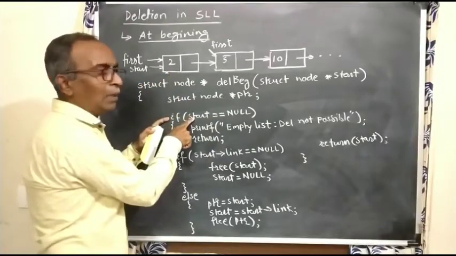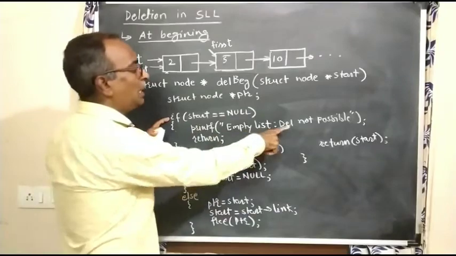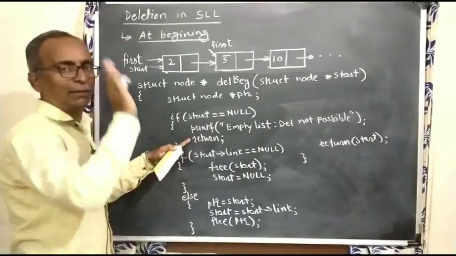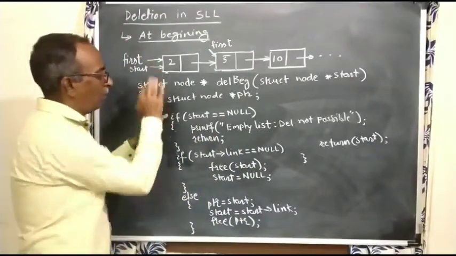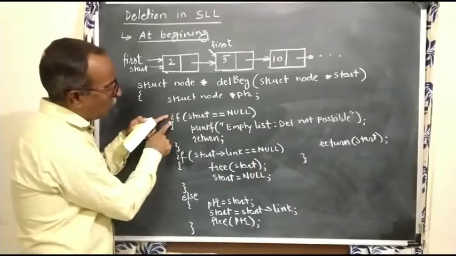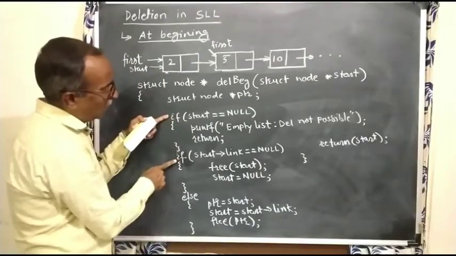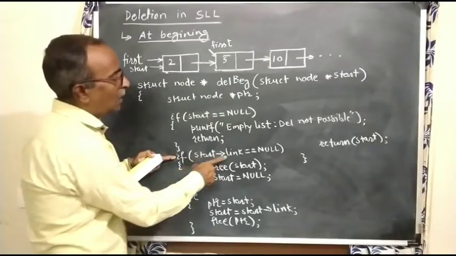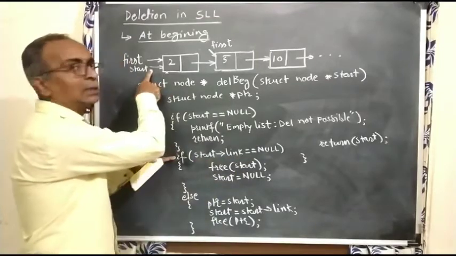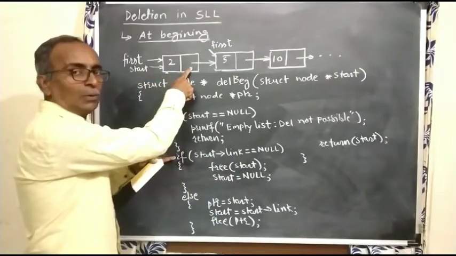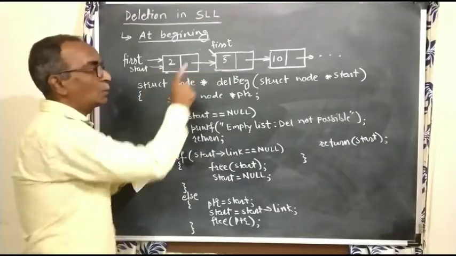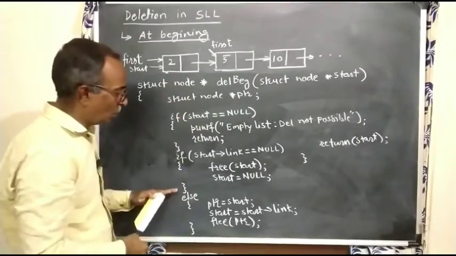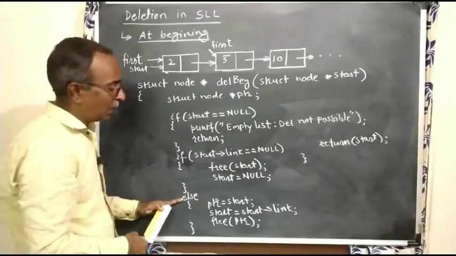If it would have been null, then it would say empty linked list, and from here itself it will return. But it is not empty, so it will not go into this block, it will come out of this block directly to here. Is start link equal to null? Is it start link null? No. Means this list that was passed has more than one node. Control comes to the else part.